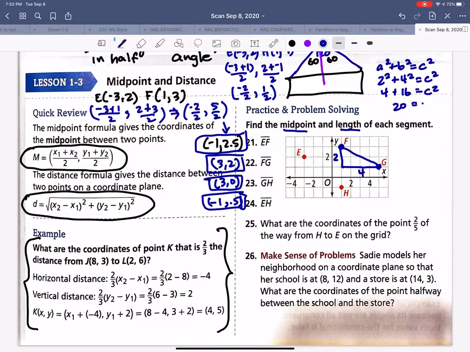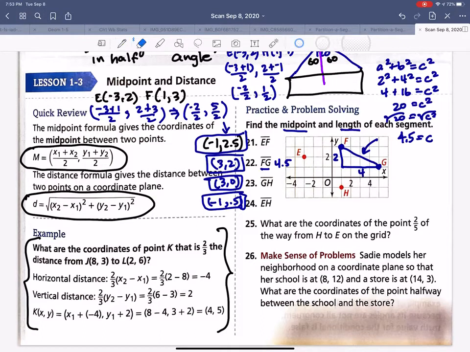So I get c squared is 20, but that's not the answer. It should be the square root of both sides. So let me get my calculator. The square root of 20 is 4.5. And that looks about right. So the length of FG is 4.5.